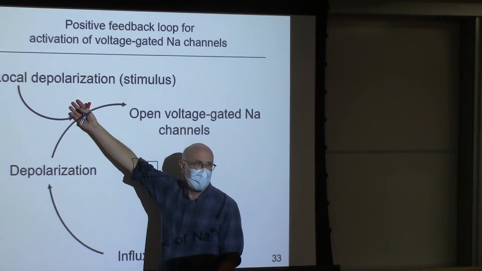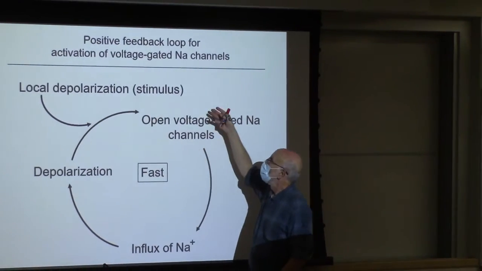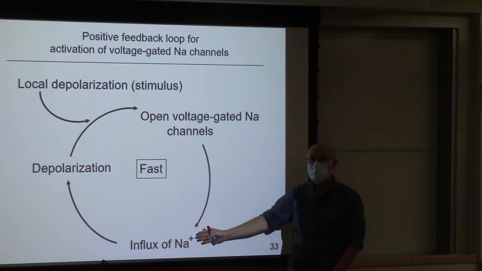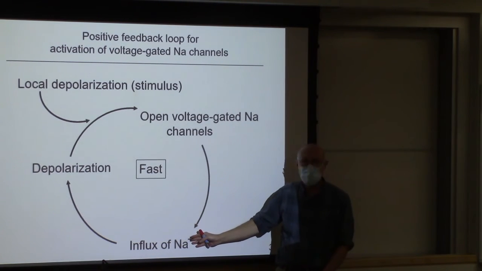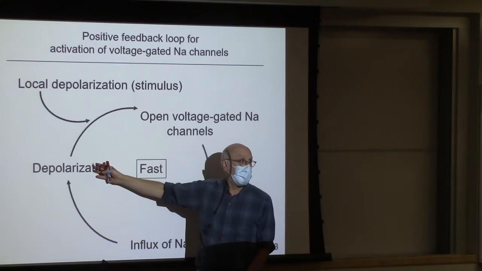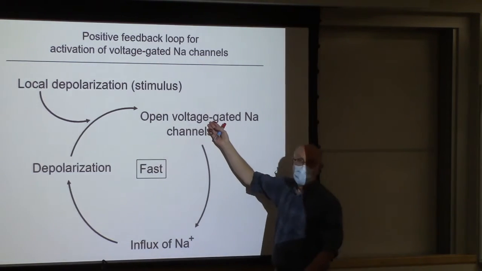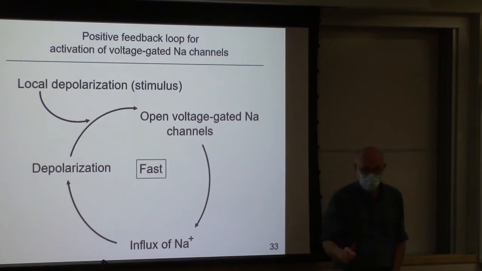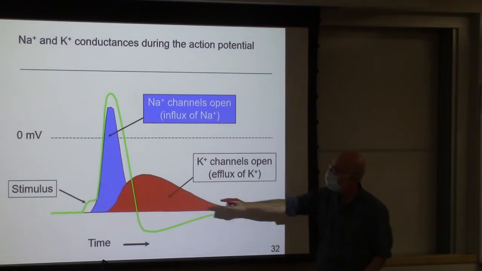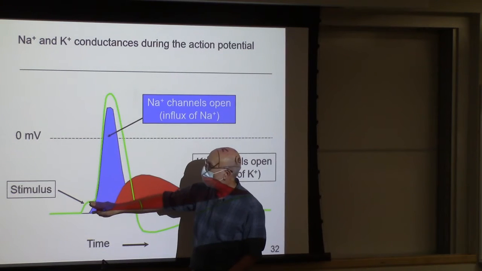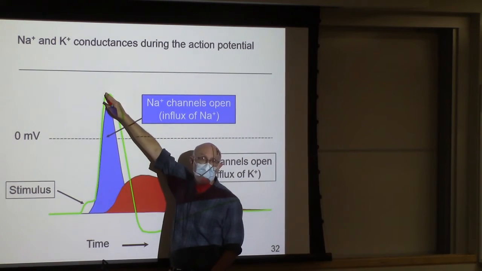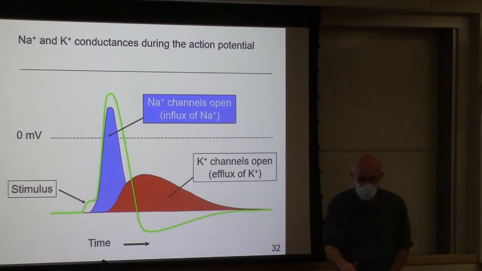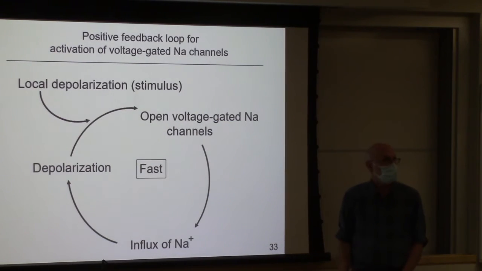Small trigger opens the channels, influx of the ion, more depolarization, more channels, more influx, more depolarization. This happens very fast and triggers this. Here's the trigger, and here's the feedback loop going on to cause the very large depolarization.